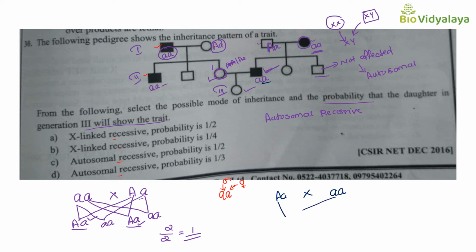On crossing: capital A, small a; capital A, small a; small a, small a; and small a, small a.